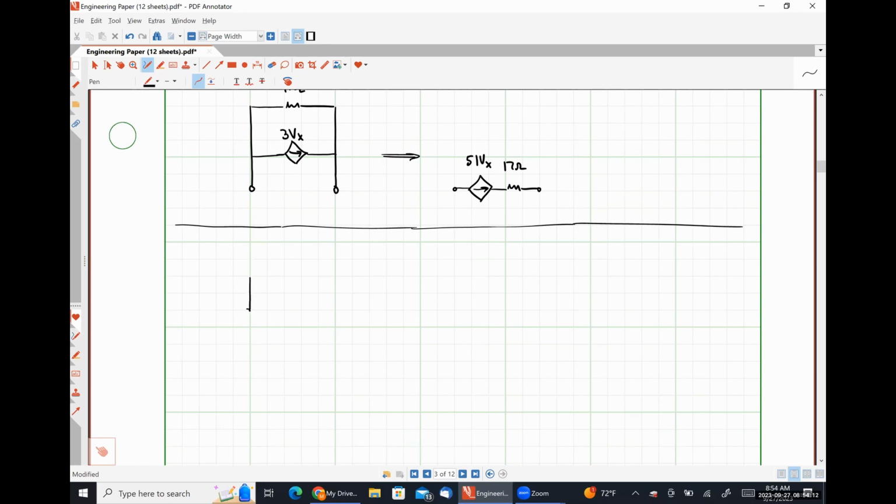Just to give you guys a heads up. We're going to derive this explicitly for a practical voltage source, and then we can literally just source transform the results to figure out how it's going to work for a practical current source because they're electrically equivalent to each other.